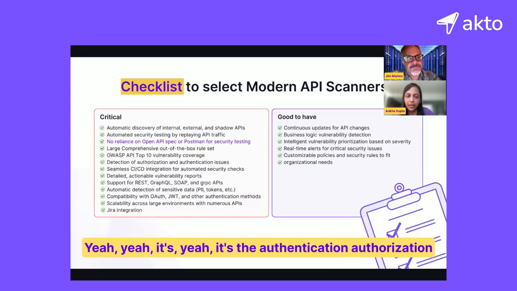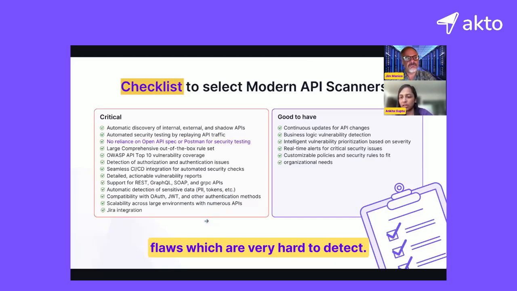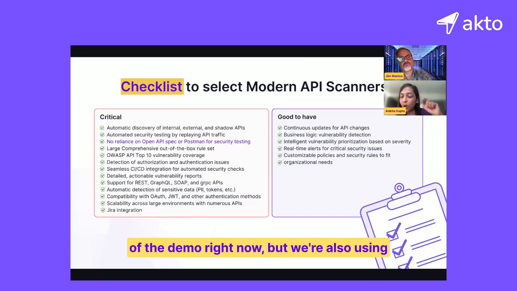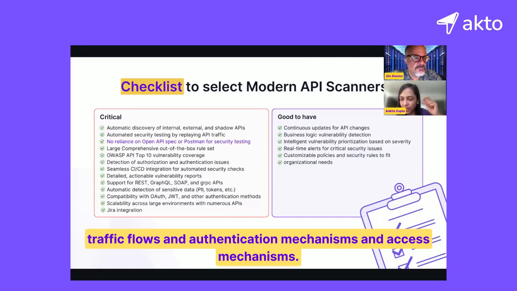Yeah. It's the authentication and authorization flaws which are very hard to detect, and for that, of course, we've built this capability to find authentication methods in an automated way. What we are also doing, which is not part of the demo right now, is using LLM models to figure out some of those API traffic flows, authentication mechanisms and access mechanisms.